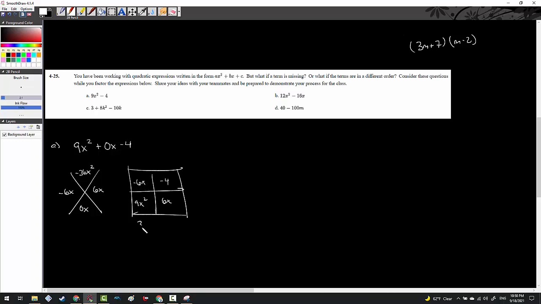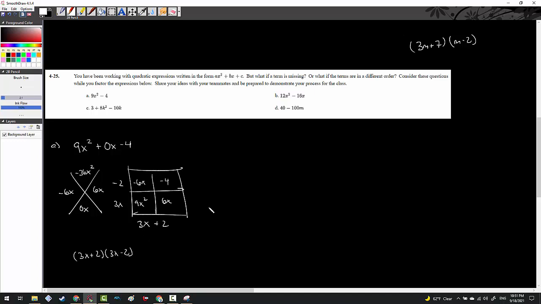So we end up getting 3x and 3x. And I broke up 9x squared that way because they both have a 6 on the adjacent sides. And then that's going to end up becoming minus 2 and plus, oops, backwards. Looks like plus 2 here and minus 2 here. And so what I've got is 3x plus 2 times 3x minus 2.